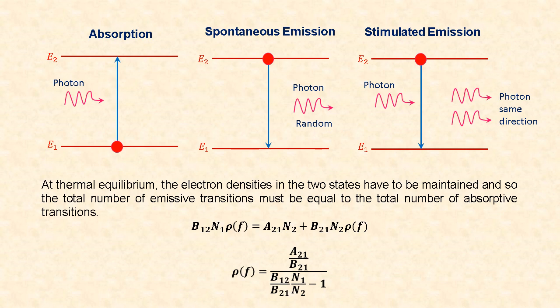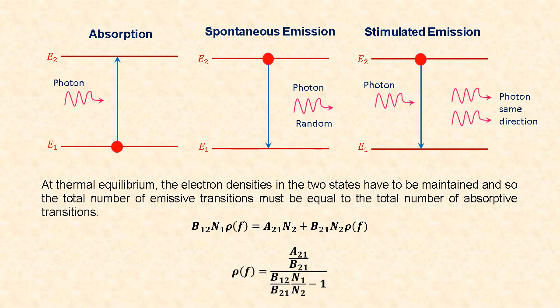In stimulated emission, an external photon is incident on the semiconductor material and the electrons in the higher energy level E2 jump down to the lower energy level E1, thereby releasing photons which move in the same direction.